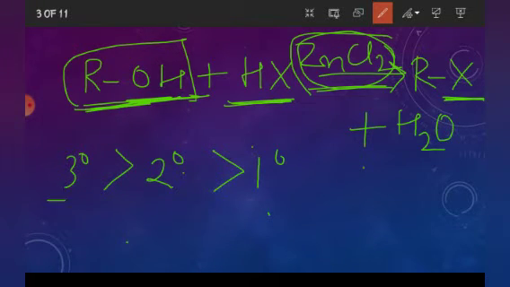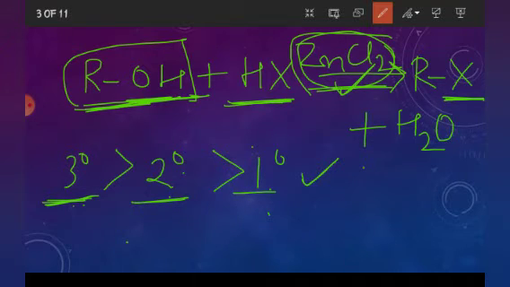Tertiary alcohol is most reactive, then secondary and then primary, and in fact the reaction for tertiary alcohol can take place in the absence of ZnCl2 also.